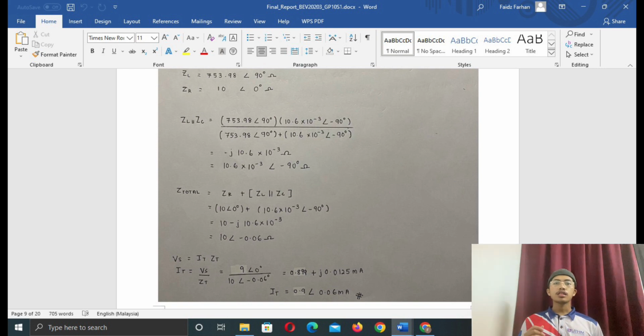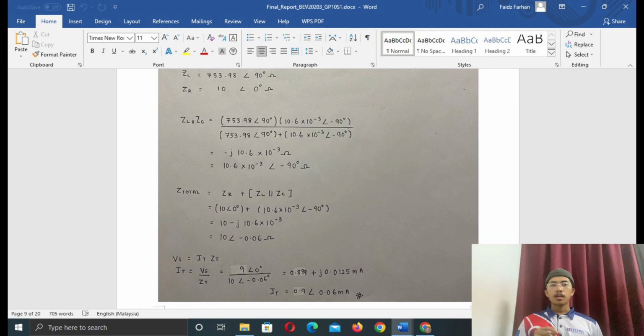The formula for Z total is ZR plus ZL parallel ZC, so the answer is 10 minus j 10.6 milli, which in angle form is 10 angle negative 0.06 ohm.